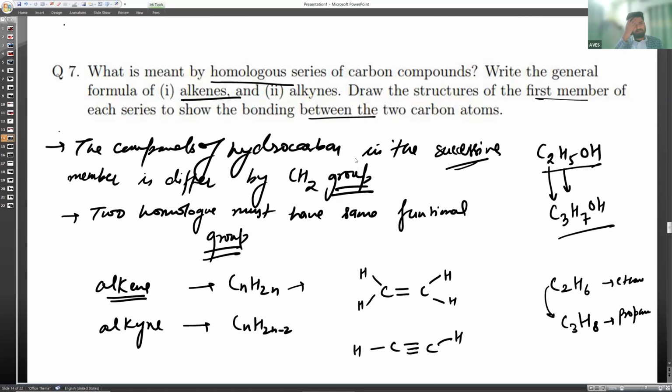Sir, you dictated, right? I dictated it, but note it again, those who have not noted. Nobody is saying that it is not written on the screen. So note it down fast.